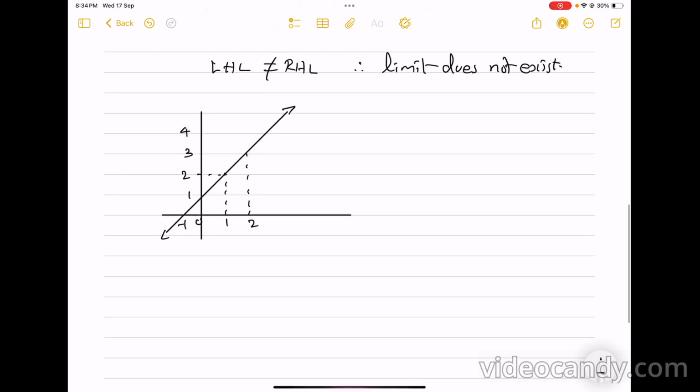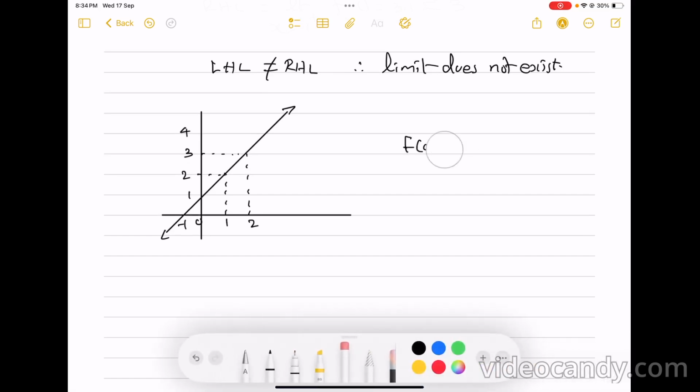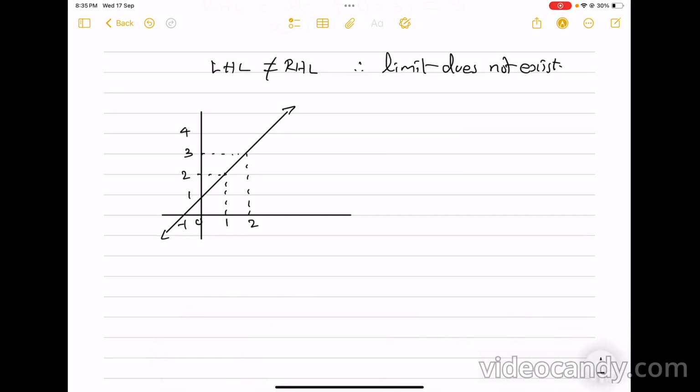So here f of 0, same as before, I will make it for the limit. Your left hand limit, limit x tends to 1 minus, when approaching from here or from here, the f of x value is equal to 2, and also your right hand limit, which is limit x tends to 1 plus f of x.